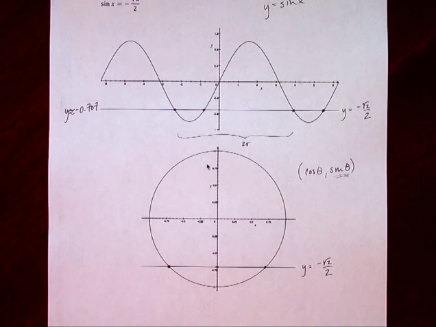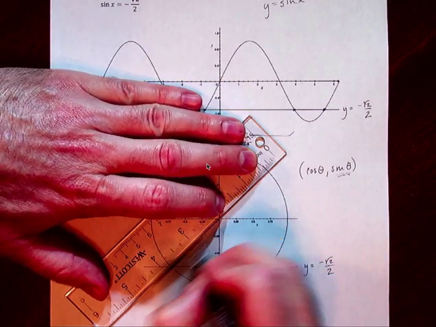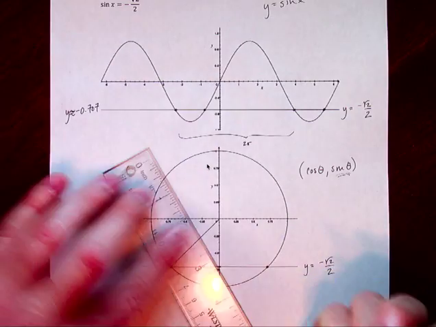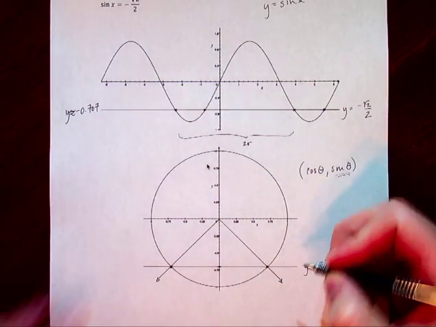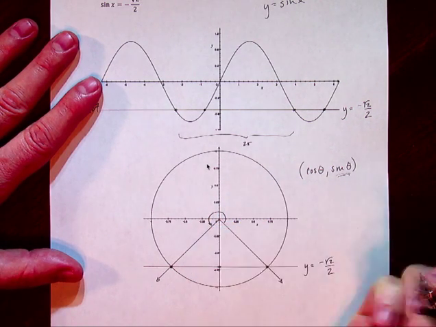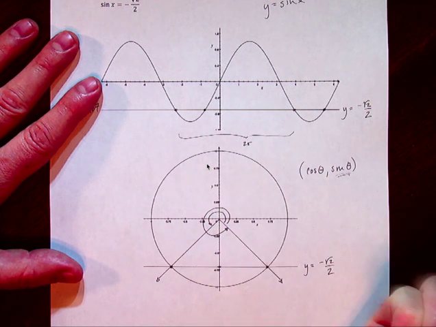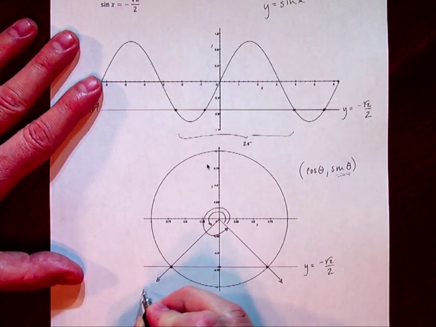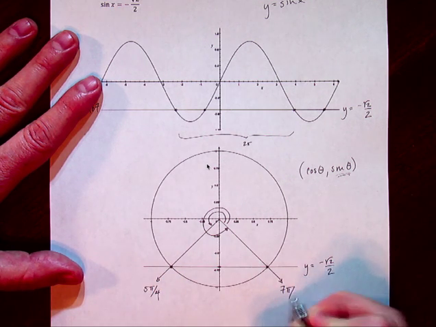Then we can draw the ray which defines the terminal side of that angle, and we get two answers, right? We get 5 pi over 4, and 7 pi over 4. This is 5 pi over 4, and this is 7 pi over 4.